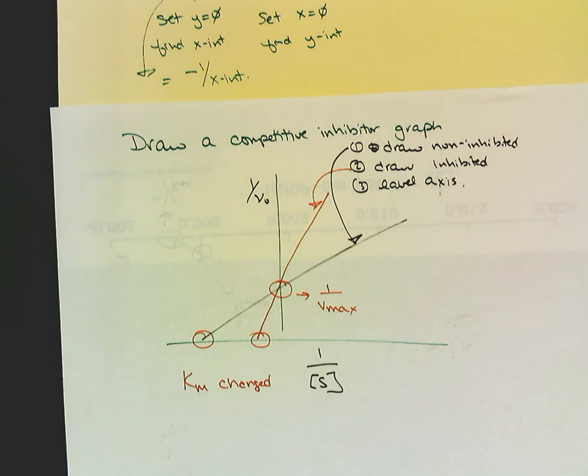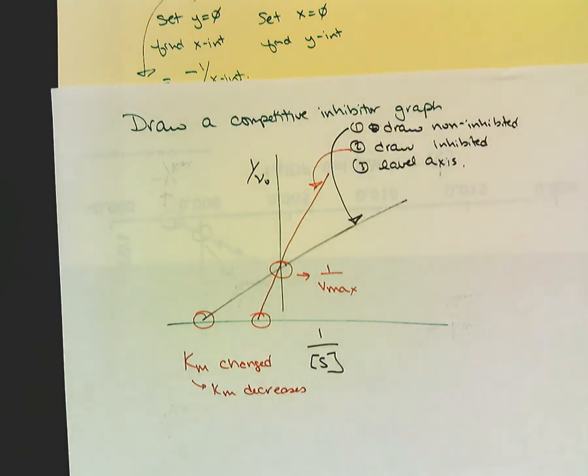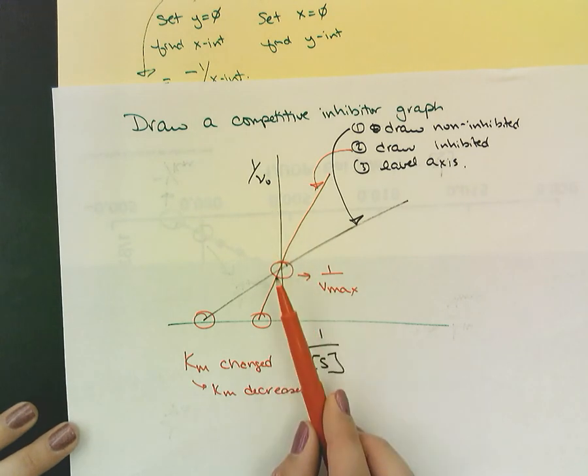And if you haven't worked through your little worksheet yet, this would be a good time to make sure you finished it. In fact, Km decreases. The slope increases, but Km decreases, because the overall value of the slope increased.